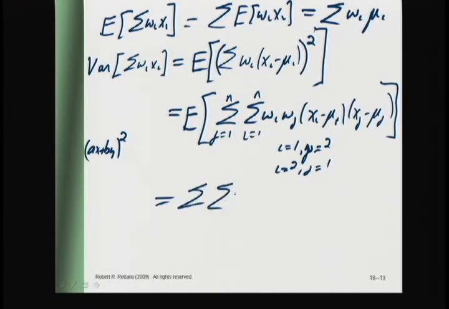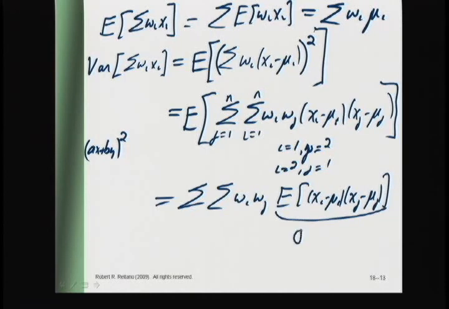The wi's come out because they're multiplicative constants, and I end up with the expectation of this product term. The author conveniently uses one notation, which is common, expressing this term as sigma ij, noting that when i and j differ, that's a standard covariance, and when i and j are the same, it is just a variance.